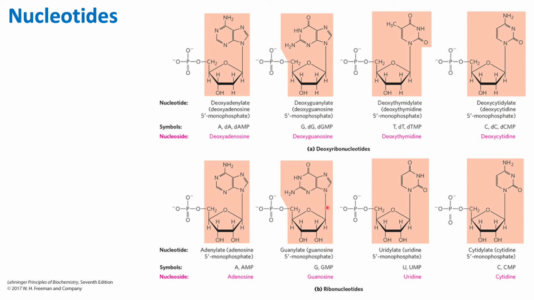So it's a beta linkage, and now we have to make note, is it at the 9th nitrogen or is it at the 1st nitrogen? Now remember, if it is a purine, purines have 2 rings, and this nitrogen is actually nitrogen number 9, so this is a beta linkage at the 9th nitrogen.